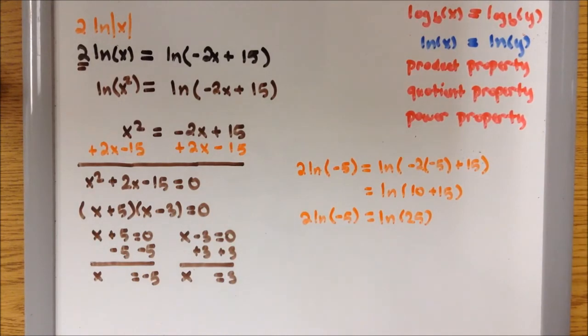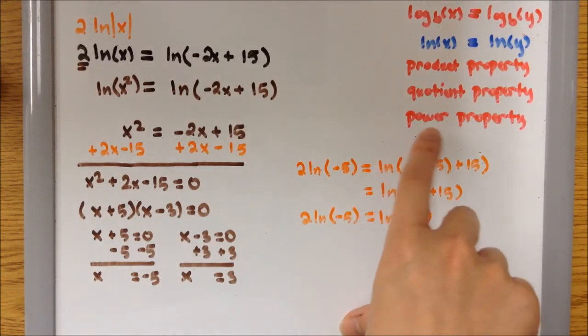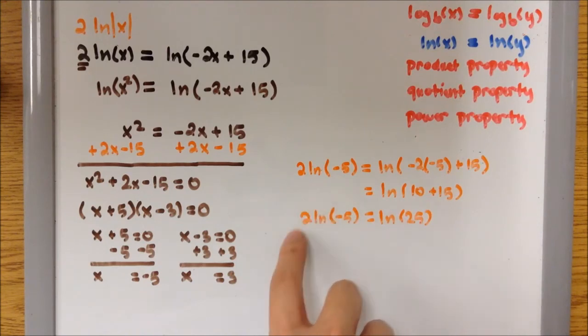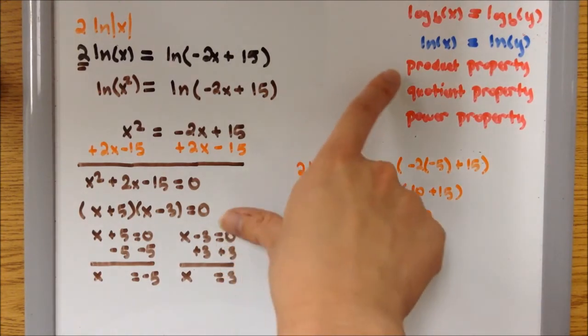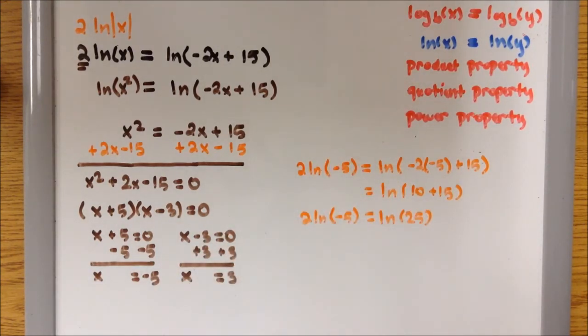Now, here, I see that we have a natural log of a negative number, natural log of negative 5. I'm not going to apply the power property where I bring the 2 as a square, because before applying any property, we have to check if there's a negative number inside the natural log, meaning before applying the properties.